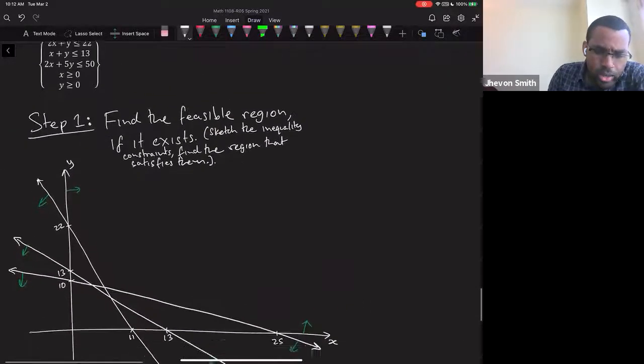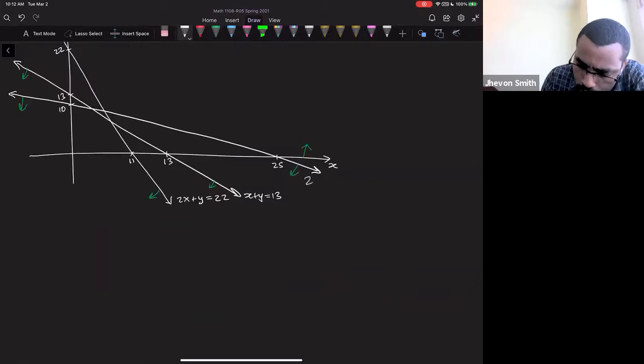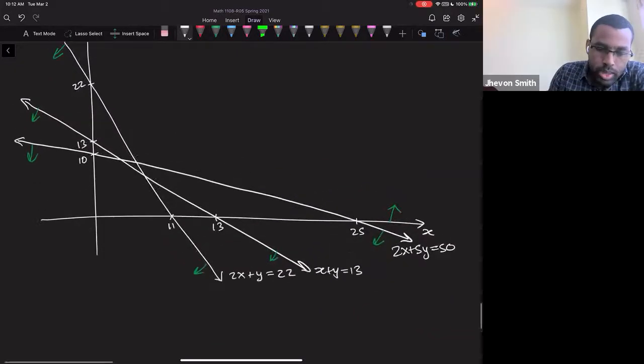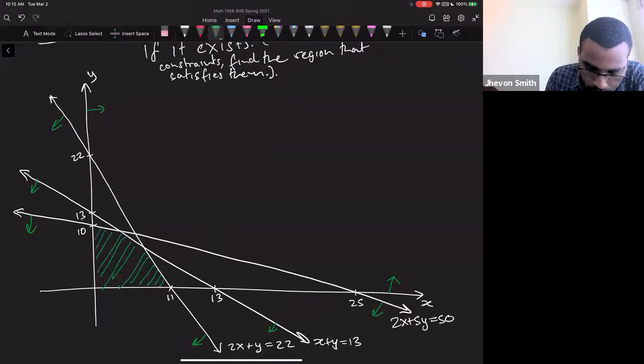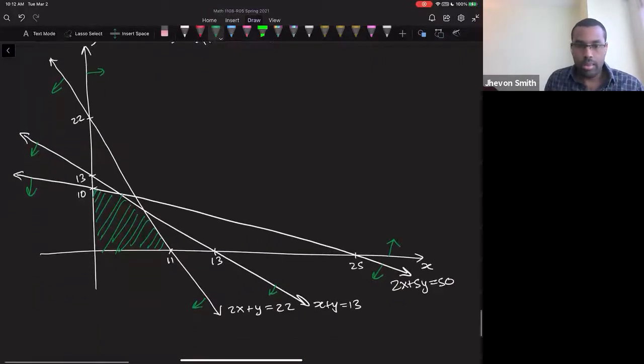So this is going to be 2x plus 5y equals 50. Now, if I want to be below all the lines, that leaves me with this feasible region right here. You're going to have to do that relatively quickly. You're going to develop the problem, you're going to sketch this out, and that's what's going to happen.